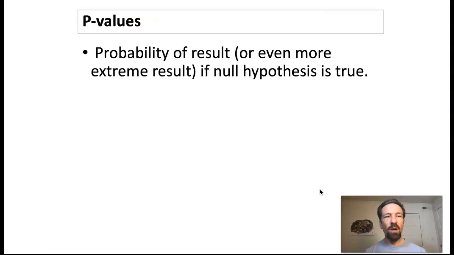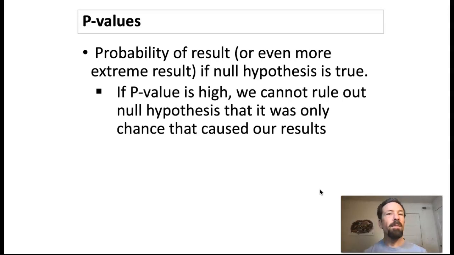Let's just go over one more time the meaning of p-values before we look at our results. The p-value, remember, is the probability that our observed result, or an even more extreme result, would occur if the null hypothesis is correct and there's no real difference among groups except that due to chance alone.